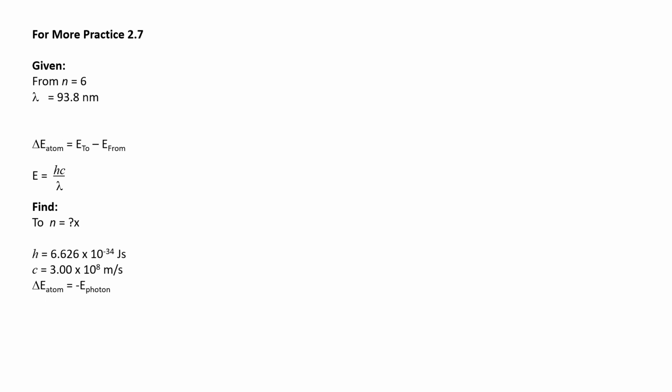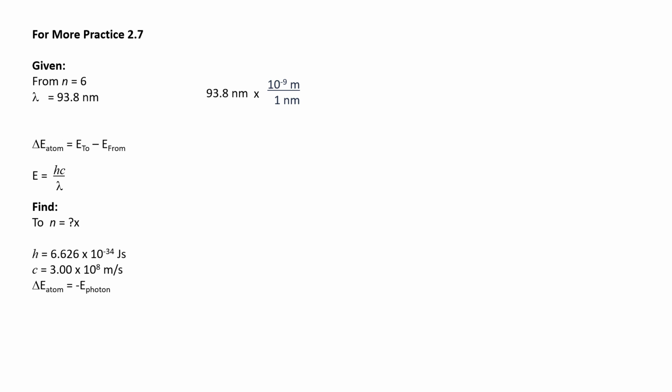Now, before we launch into solving this problem, I want to do a little something with this value right here. Because we don't use anything in nanometers, we use values that are in meters, such as the speed of light right there. So we're going to get this out of nanometers and get it into meters. And the way that we do that is we create a conversion factor.